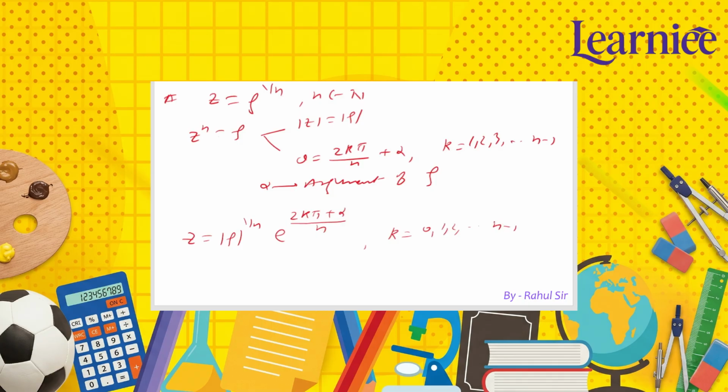Here we get n values, because for k from 0 to n minus 1 there are n values. So we get n values of z, n values of the nth root of the complex number rho.